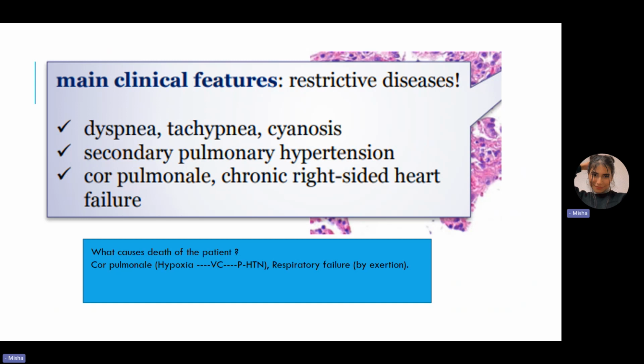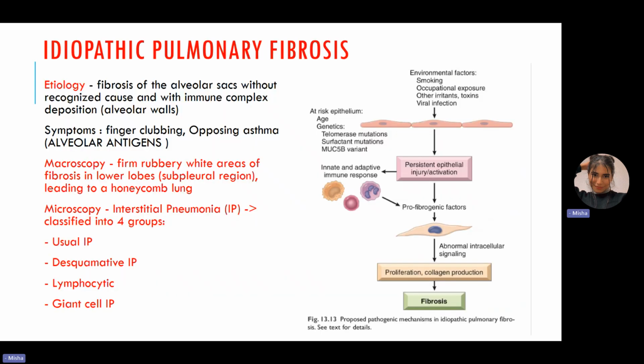What does hypoxia lead to in the lungs? It will lead to vasoconstriction. When there's vasoconstriction, it will lead to pulmonary hypertension. And when there's pulmonary hypertension, what happens? It'll lead to right-sided heart failure. And this is basically cor pulmonale. And obviously there would be respiratory failure as well because of the exertion. So this can basically lead to the death of the patient, right?